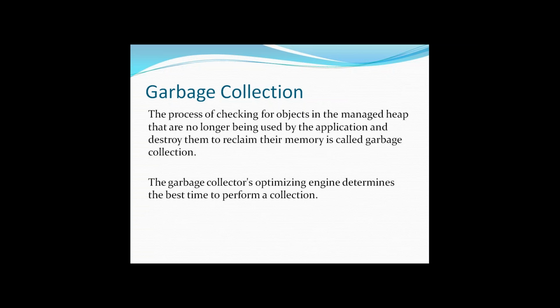And there is a component in your .NET framework called the garbage collector, which performs this function. And this garbage collector has something called an optimizing engine, which will keep running itself, and which will understand when is the correct situation to start cleaning up the unreferenced objects. So periodically, based on its own algorithm, it starts running the garbage collector. Understood?